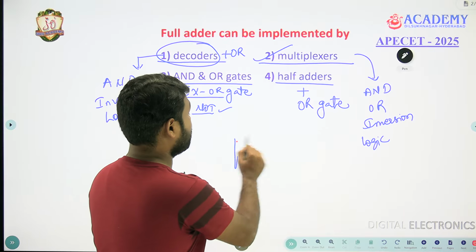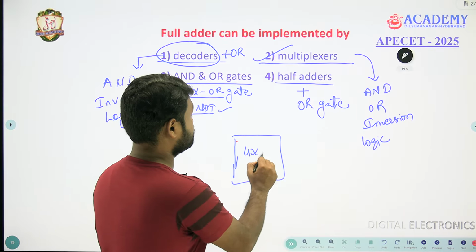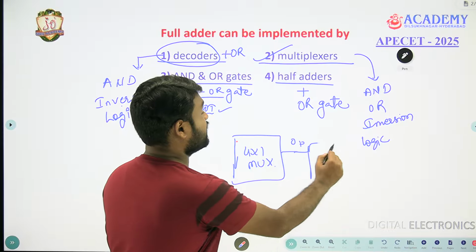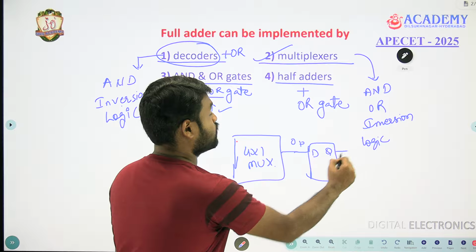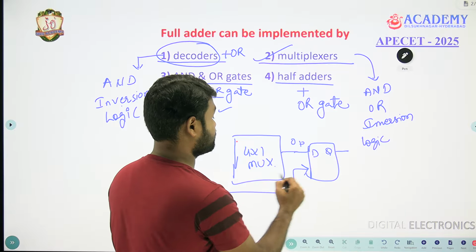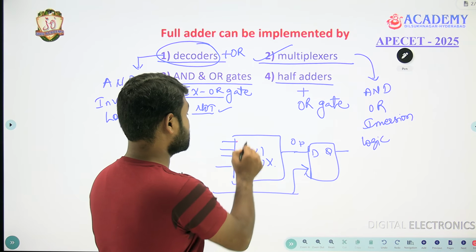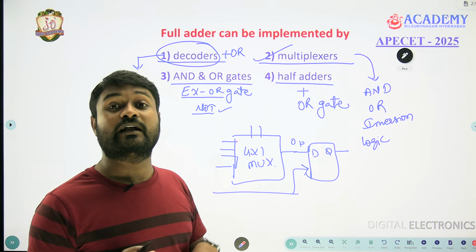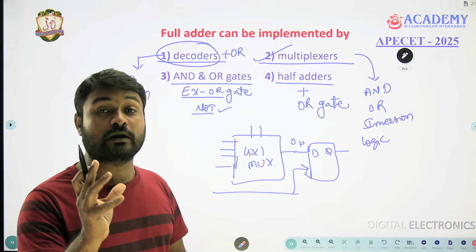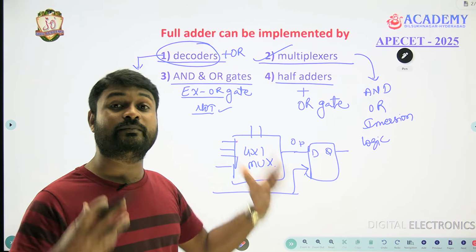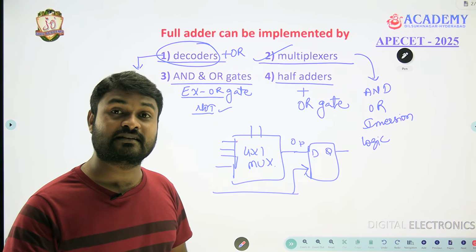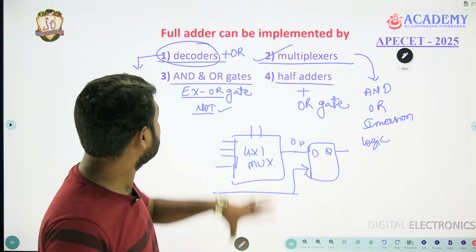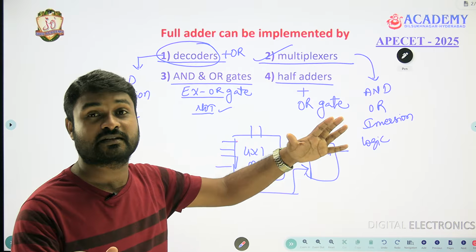It will be one 4x1 mux, with the output taken into a D flip-flop, D input, Q output, and it will be clocked. So here you will have 4 inputs, 2 selection lines, 1 output. This itself is called one block. Like this, so many will be there in your FPGA to realize all Boolean expressions. So the multiplexer is the king of all your combinational designs.